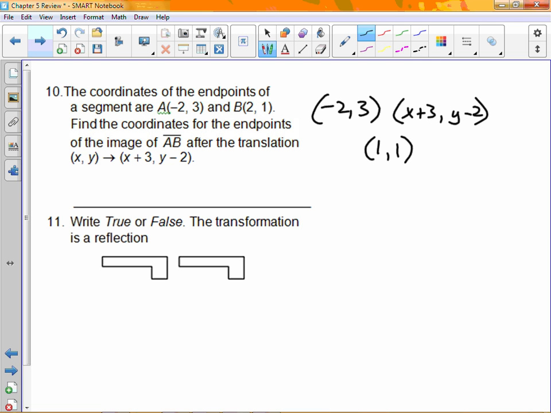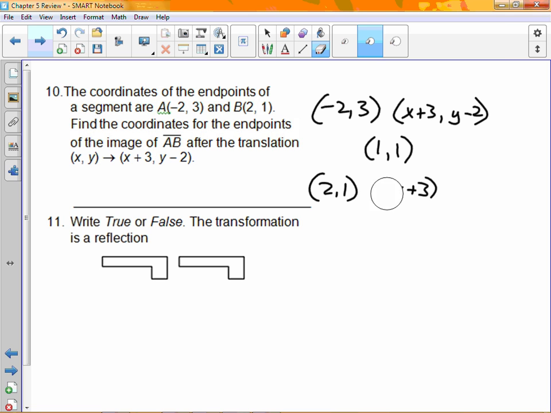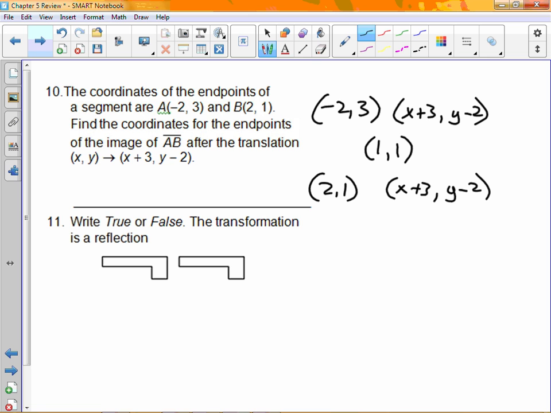Now, we talked about this also. What happens to everything else, guys, is that it gets moved right 3, and it also gets moved down 2. So x plus 3 and then y minus 2 would be 5 and -1. So moving this object from that place to that place is a translation.